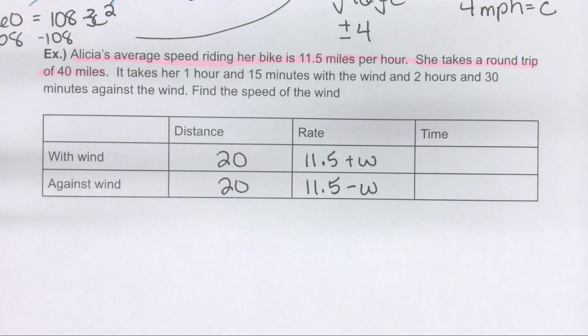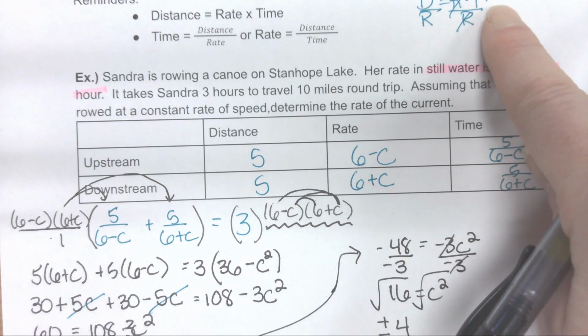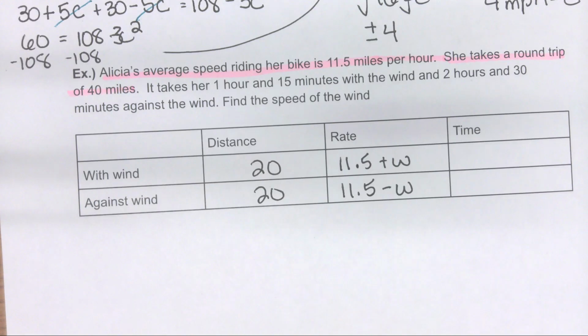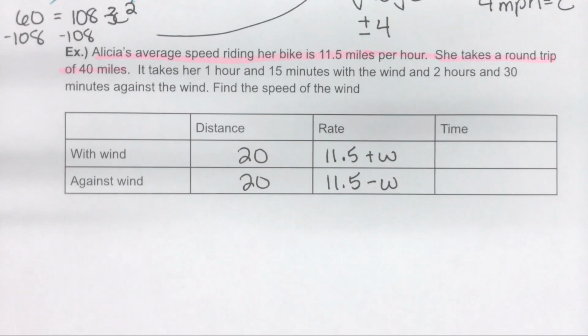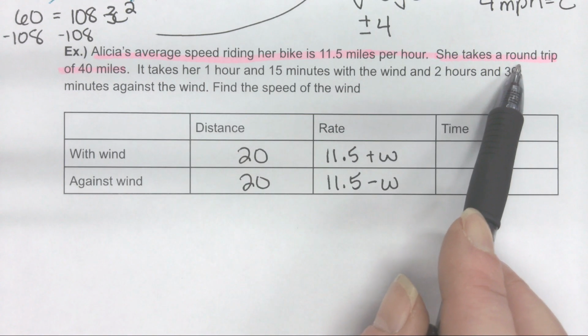Okay. Remember our trick from before. How do we write rate or time as distance and rate? Give me the first one, Gabe. Well, where did you get 20 from? The 40 miles split. On a round trip, you're going to have the same down and back. Fair enough.